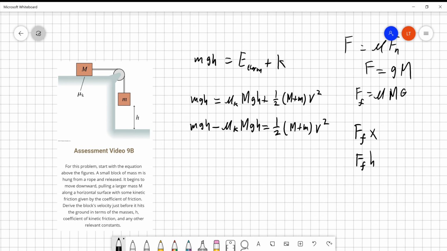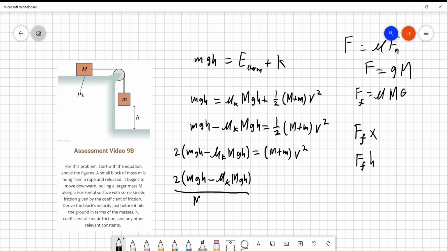If we keep going, 2 mgh minus mu k Mgh is equal to (M plus little m) v squared. So 2 (mgh minus mu k big M gh) over (big M plus little m) equals v squared.